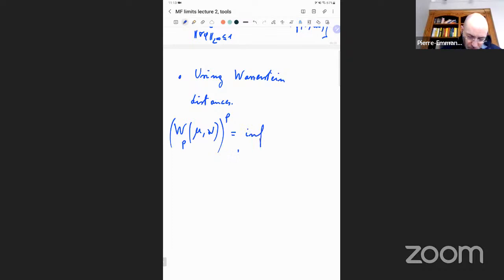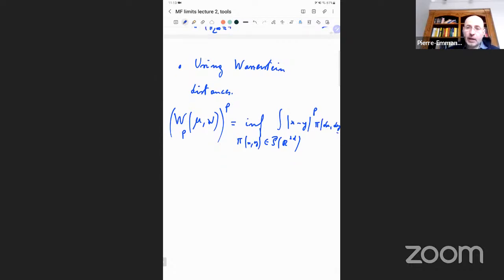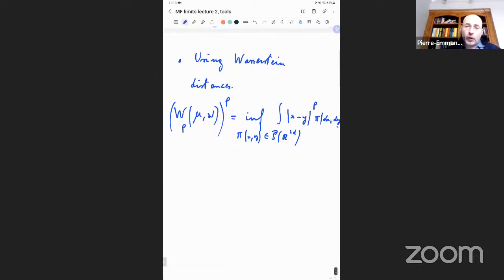So I need to look at all transference plans. Transference plans are objects that depend on two variables, x and y, and they are probability distributions on R^2d. And then I need to integrate something like this.